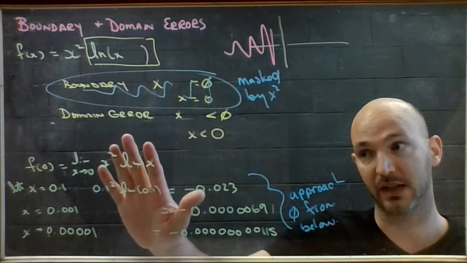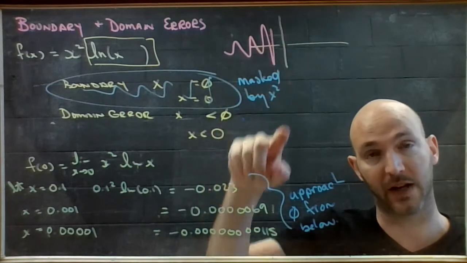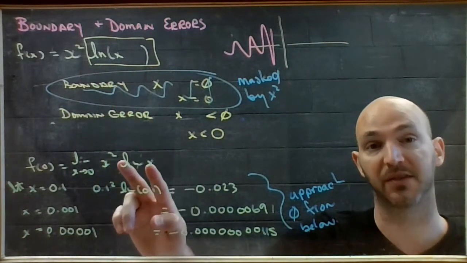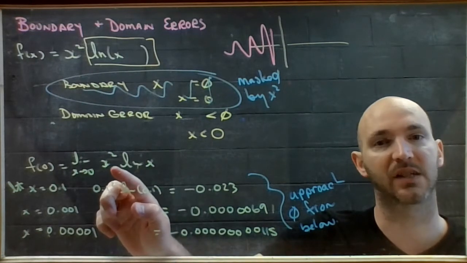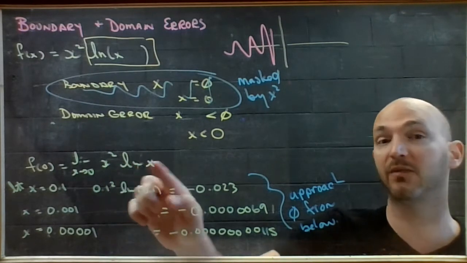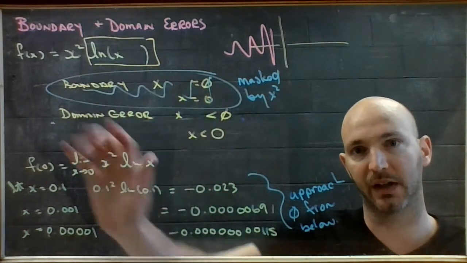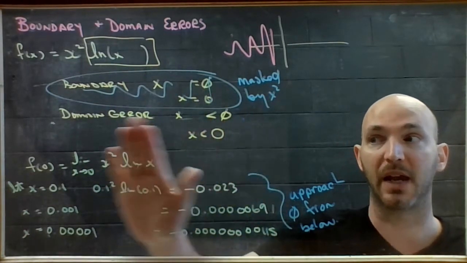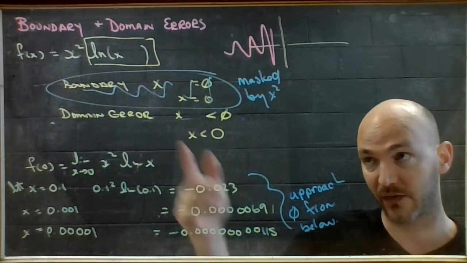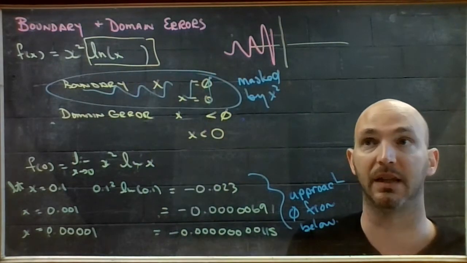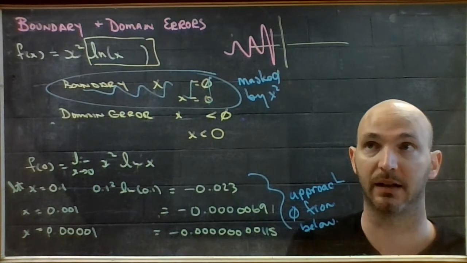This function, even though the boundary error was masked because of the other puzzle pieces involved, this x squared is not powerful enough to give ln a value in the negatives. So even though the boundary error was collapsed, the domain error remains. So this function, when you try to sketch it, will have nothing on the left side of the y-axis.